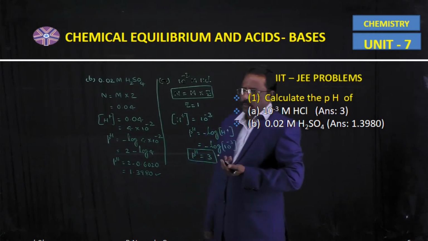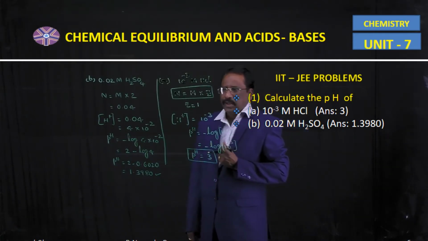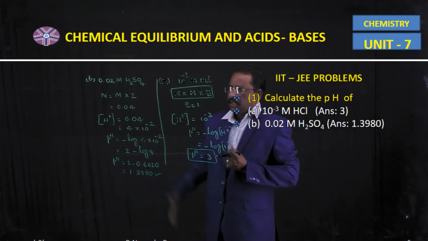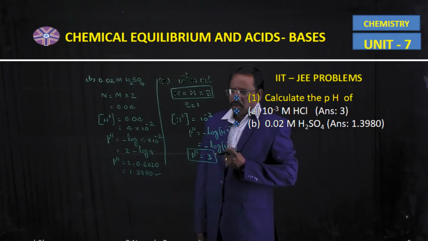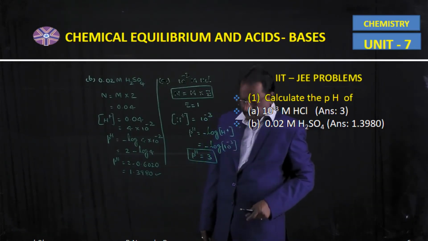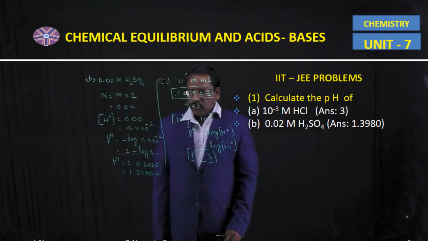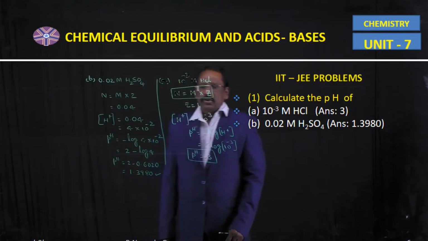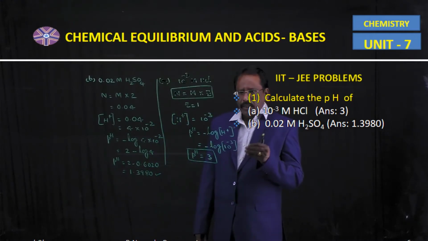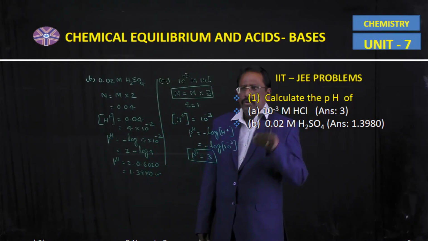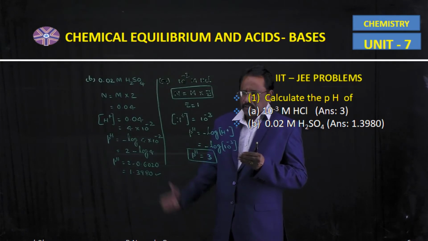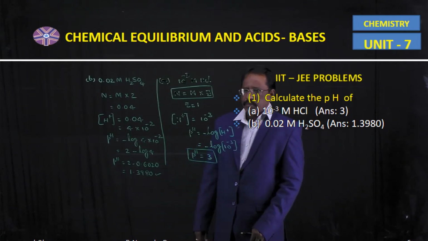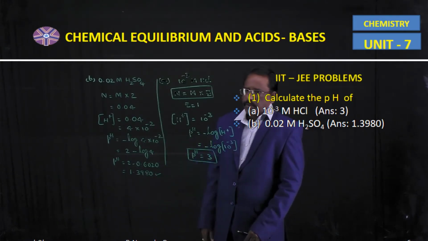Hydrogen ion active mass is 4 into 10 power minus 2. Now apply pH is equal to minus log H plus, and pH of the solution is equal to 1.3980. So better to remember the log values from 1 to 10. Otherwise it is not possible to calculate pH of this type of solutions.